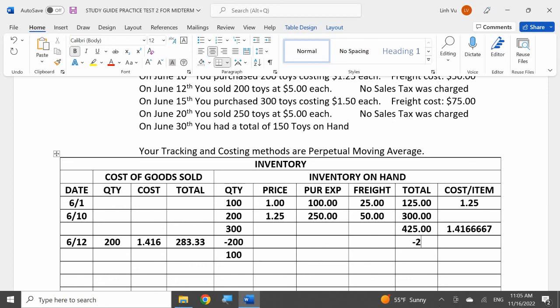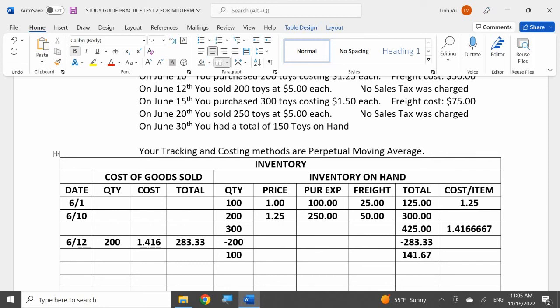Okay, so you subtract that out, 200, so you can have 100 left, minus 283.33, should give you a total of 141.67.